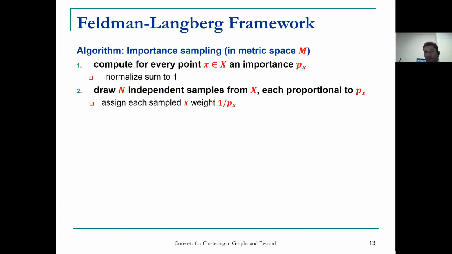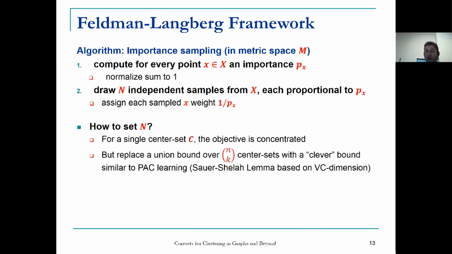This guarantees that what you obtain is a coreset of size n, and you give each point that you sample the weight 1 over p_x. It's easy to see that this 1 over p_x gives exactly this unbiased sampling property. That's very reasonable and expected, which is why you give this high weight, 1 over p_x. And then the big question is how to set n.